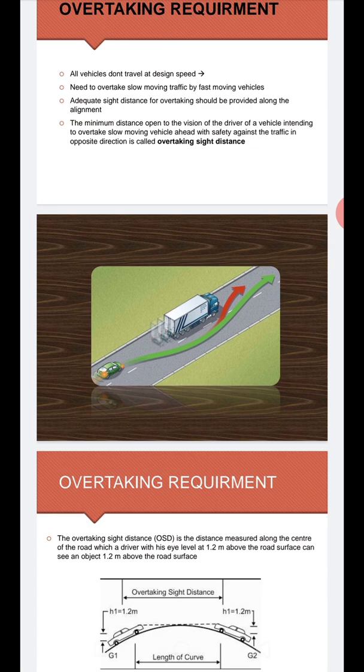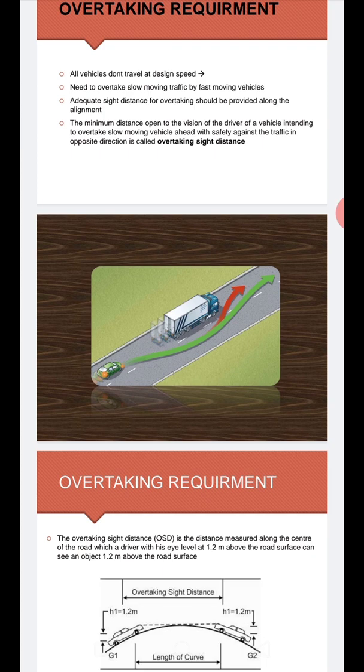Now the requirement: it is the distance measured along the center line of a road, which a driver with his eye level at 1.2 meters above the road surface can see the top of an object or the oncoming vehicle 1.2 meters above the road surface, especially on a summit curve, which you can see in the diagram.